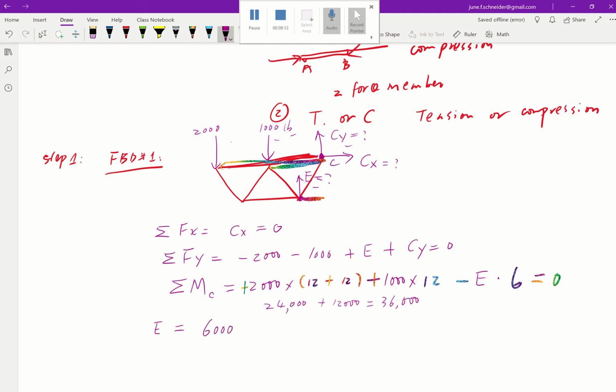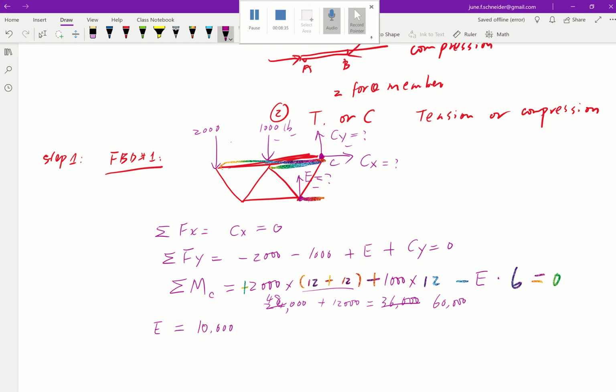Is that right? Oh, no, because this is 24. 24 times 2, this is 48. 48 and then plus 12, that's going to be equal to 60,000. 60,000 divided by 6. Then my answer here should be 10,000.